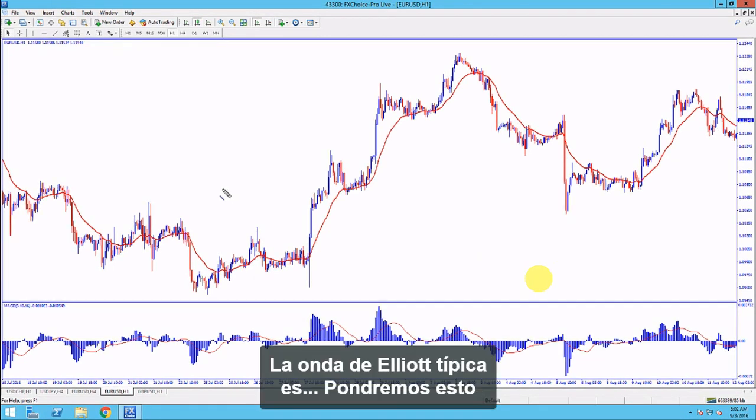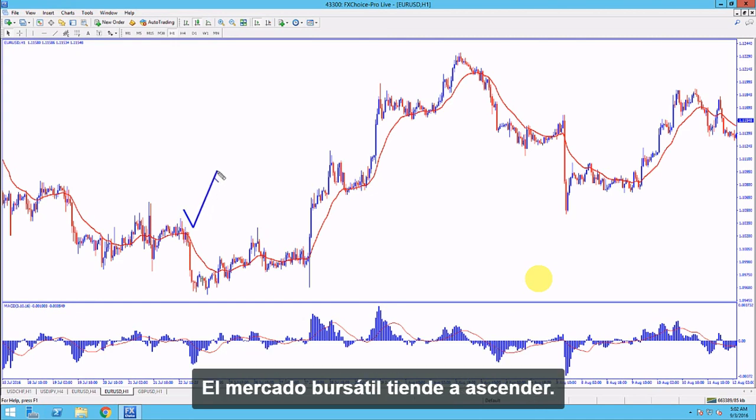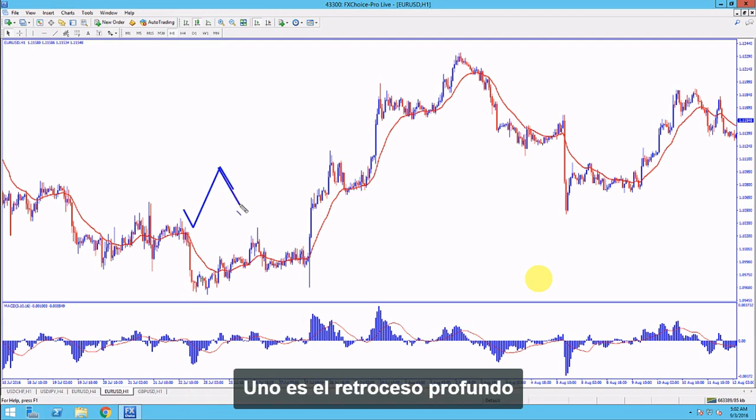Okay, so typical Elliott wave is, let's just put this as the last move down in a trend. Market tends to move up off of a low. Now, whether it goes this high or this high, it's irrelevant. It's that first retracement that becomes important. Now, there's two types of retracements that can happen, and one is a deep retracement and one is a shallow retracement.